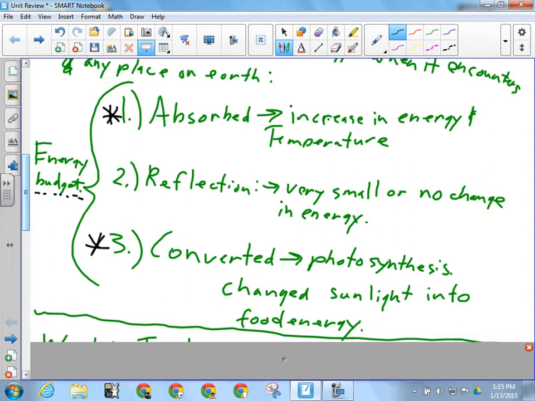Agreed? So how about a place like Antarctica? Is that going to have much energy? It's covered in ice. We said the other day that the driest continent on Earth is Antarctica, because you can't get the water cycle going there. If there's no energy being absorbed, not only will the ice not melt, but certainly no water is going to evaporate, which basically means the water cycle just stops.